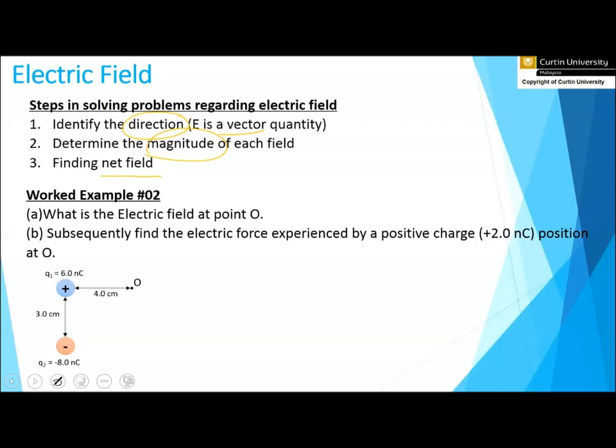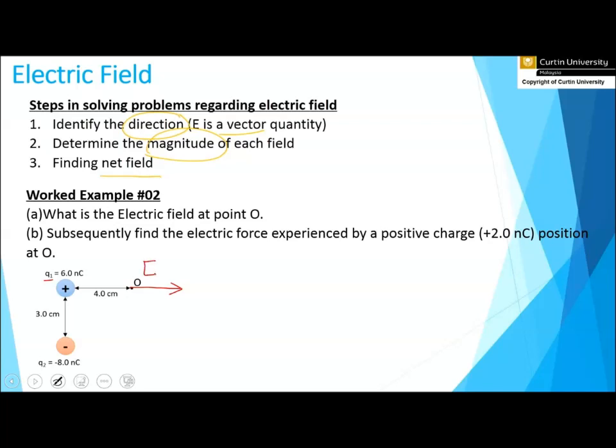Okay, so the first step, start with the direction first. Now we look at Q1 first. Electric field at point O, because of Q1, is moving away from positive charge, because electric field from positive charge is always going outwards, right?